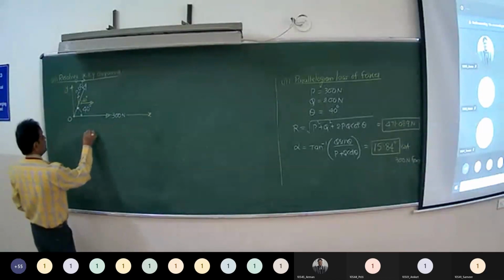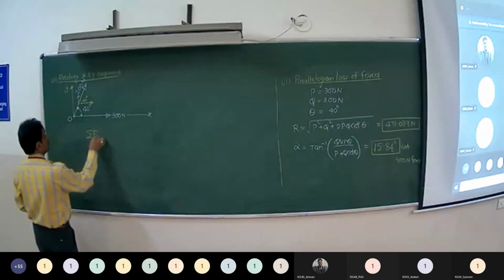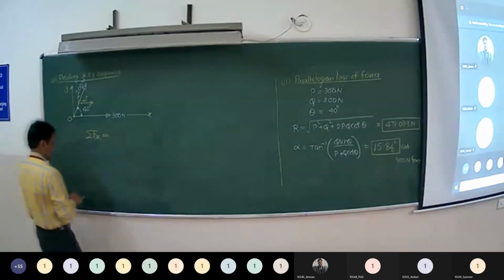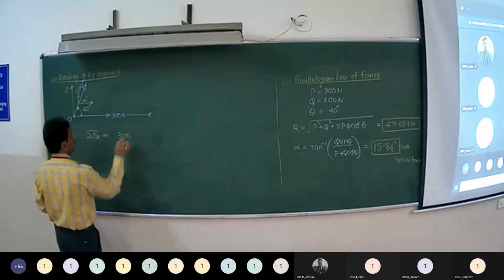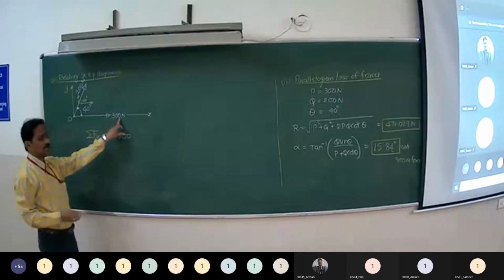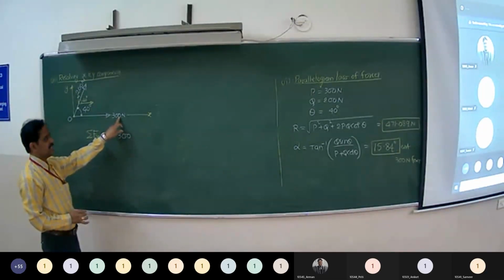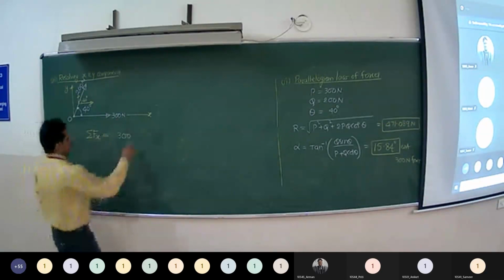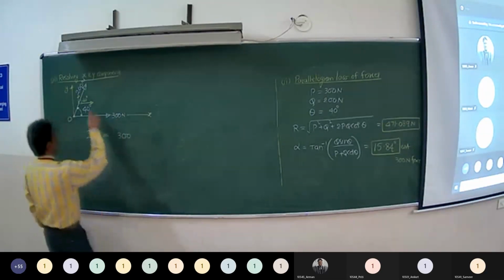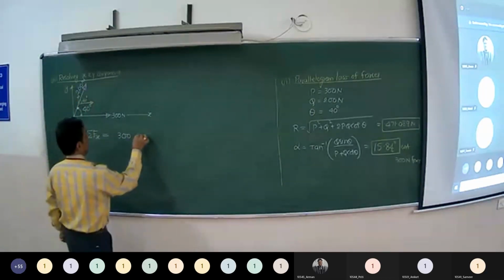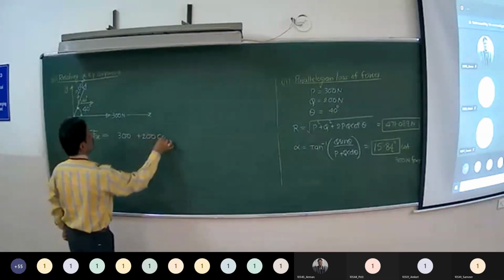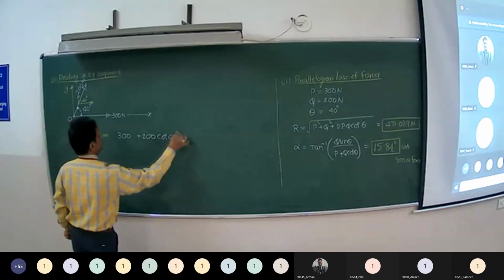Now taking algebraic sum of x components of both the forces. X component of 300 is 300 itself. You can say 300 cos theta, whereas theta is 0. And what is x component of 200 Newton force? It is plus 200 cos 40.